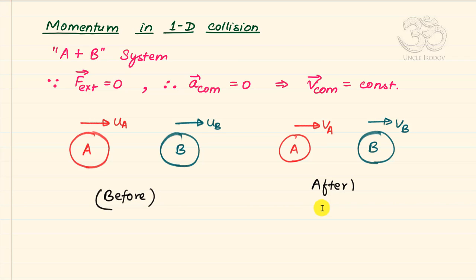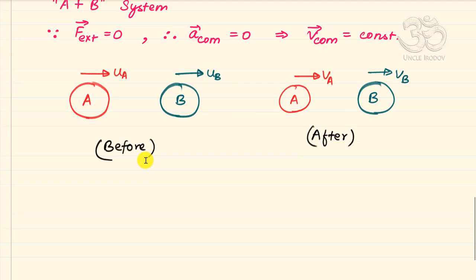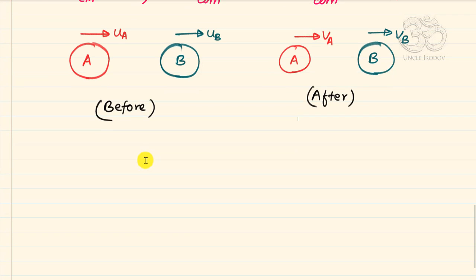So what we can do is we can try to write down the expression for the velocity of center of mass before the collision and after the collision and equate them, because the velocity of center of mass should be a constant. So what do I get?